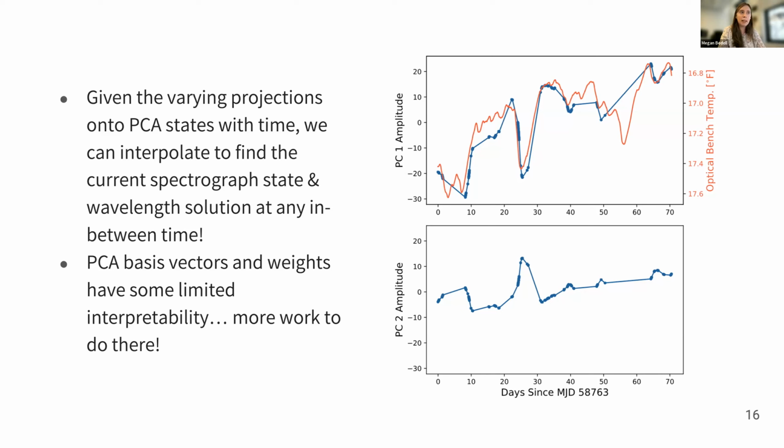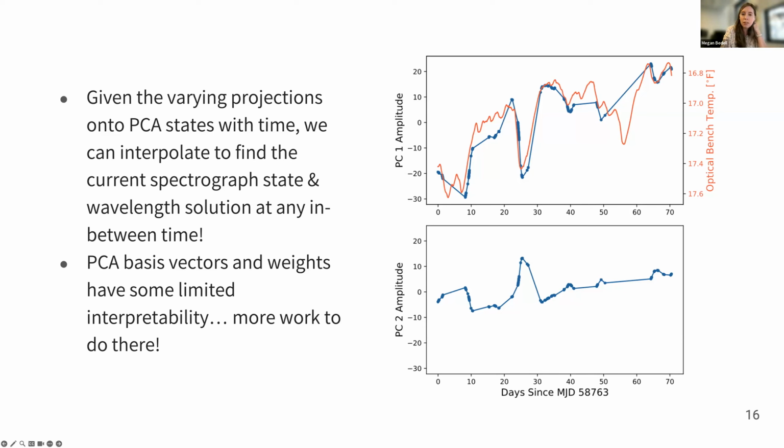And while PCA is famously uninterpretable, and we didn't construct this model to have a physical interpretation, we can actually afterwards point to some possible interpretations. We noticed in particular that the amplitude of the first basis vector strongly covaries with the optical bench temperature. And similarly, other bits of engineering data can tell us things about how the spectrograph is changing.